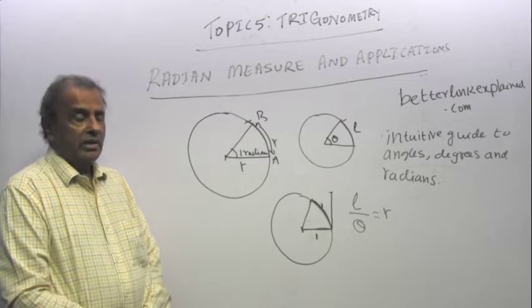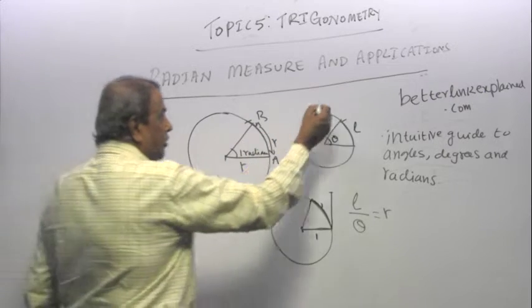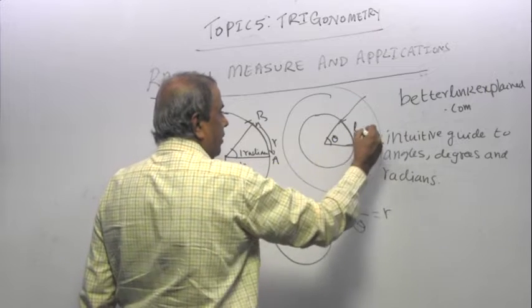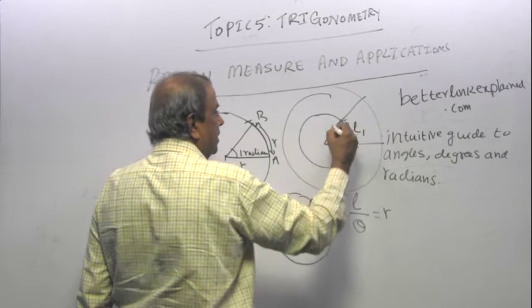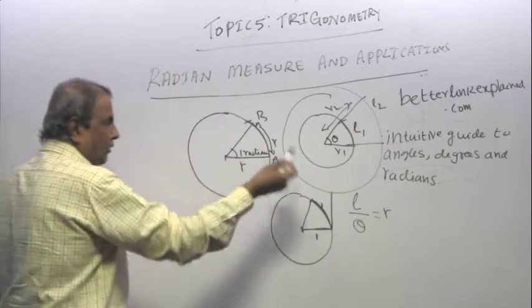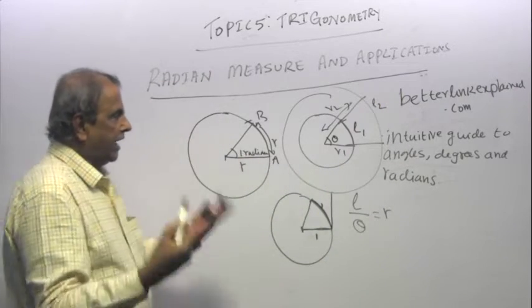In other words, suppose I draw concentric circles, this could be L1, R1, this is, let's say, R2, and this is L2. L1 over R1 is also theta, L2 over R2.